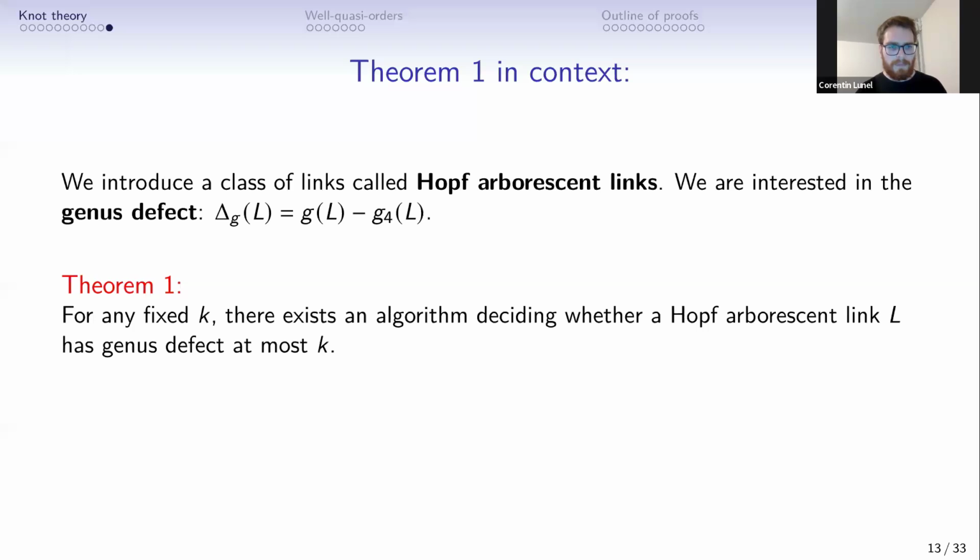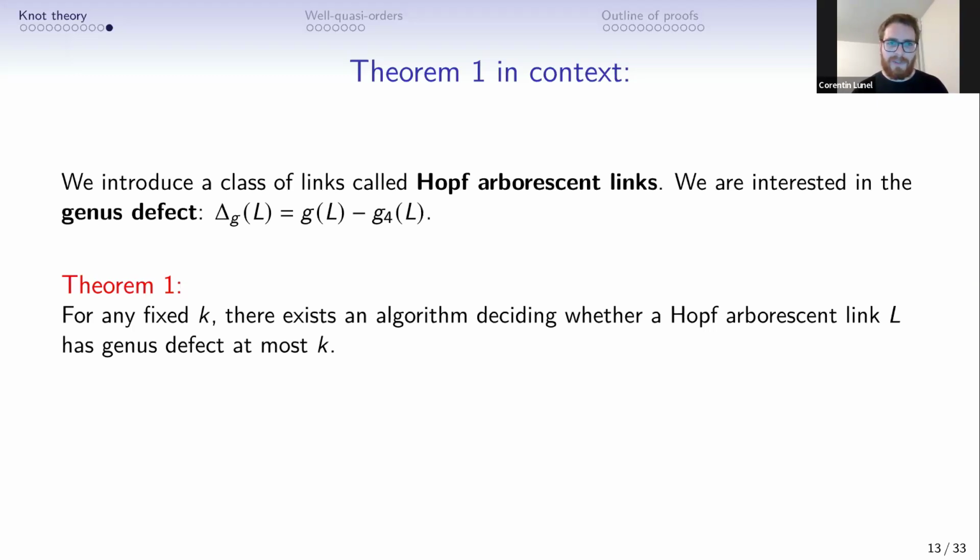Our theorem tells you that for any integer k, there exists an algorithm deciding whether a Hopf arborescent link has genus defect at most k, which is significant in this area where we don't know how to do things in dimension 4 and where we have a lot of undecidability results. It's nice to have a decidable one.